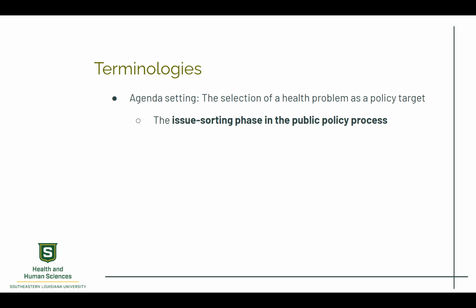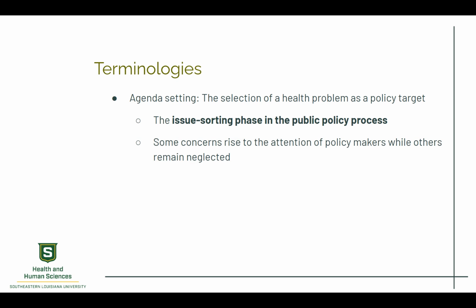Sometimes it's not possible to address all of these problems all at once. So there has to be a way of ranking which one to take care of first before you take care of the other. This is where the issue sorting phase comes in, basically the decision making about what we put forward and what takes the back seat.